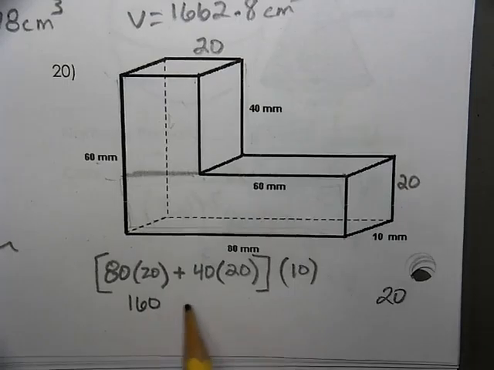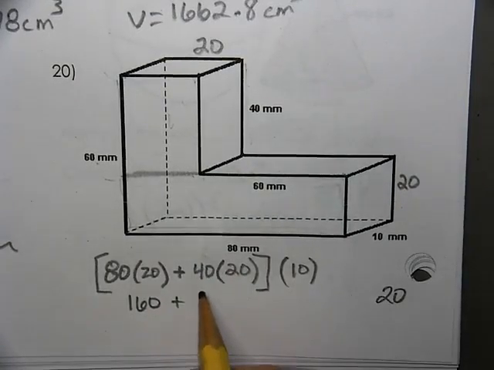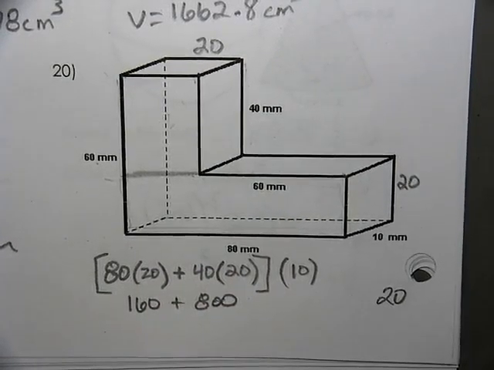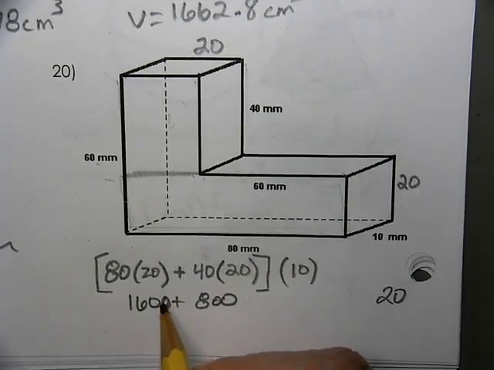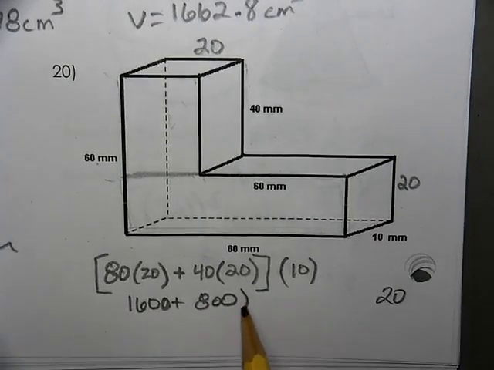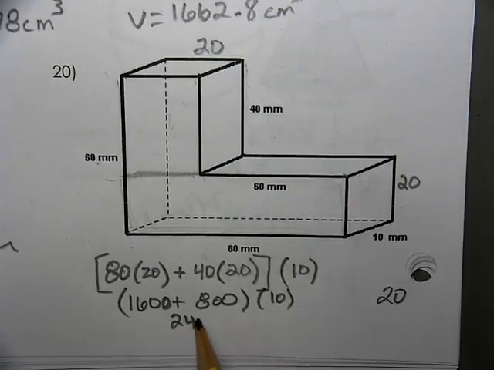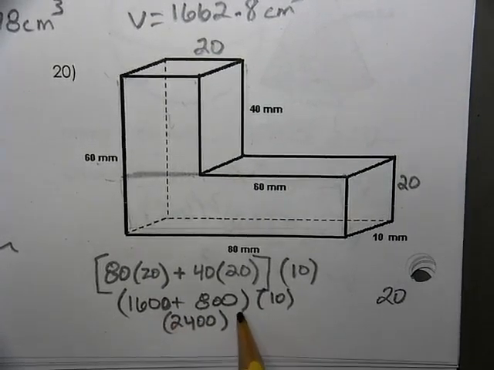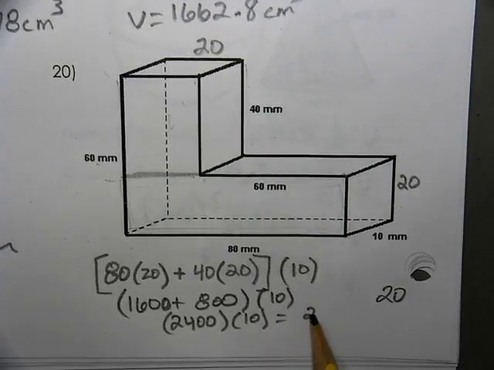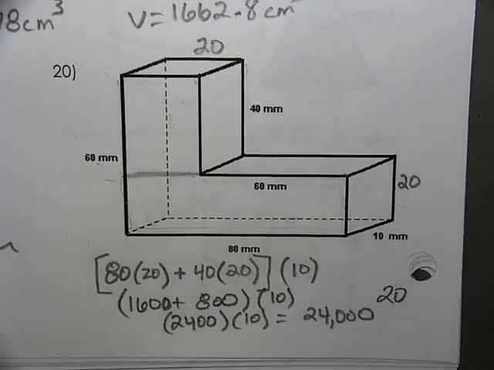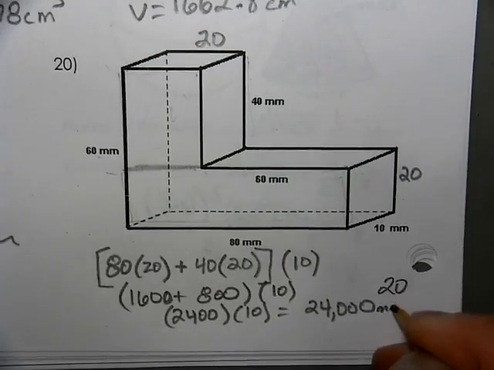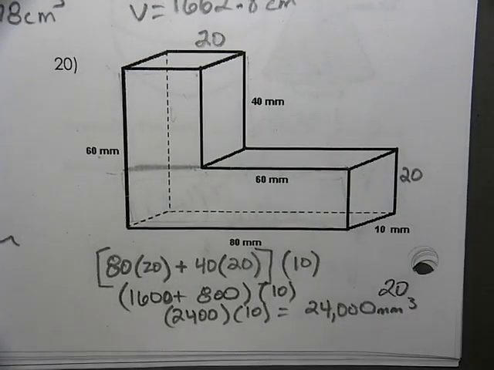So we have 160, plus 800, it's not 160, it's 1600 plus 800 times 10, we get 2400 times 10, which gives us 24,000 millimeters cubed.